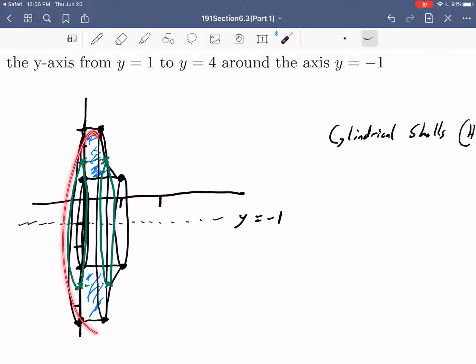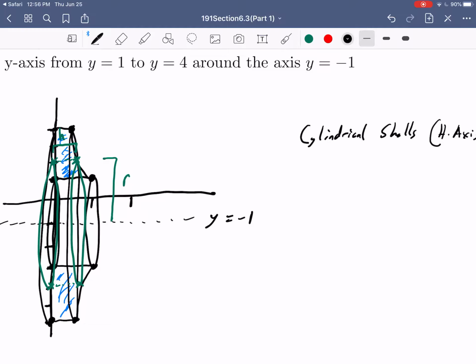Because I drew the 3D thing, it's a little bit messy to see, but we can actually see the shell right there. Shells on their side are always a little bit harder, but this right here is our height. And of course our radius is from here down to there. That's our radius.